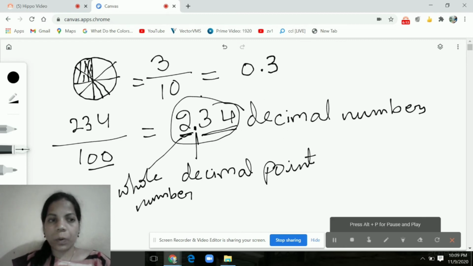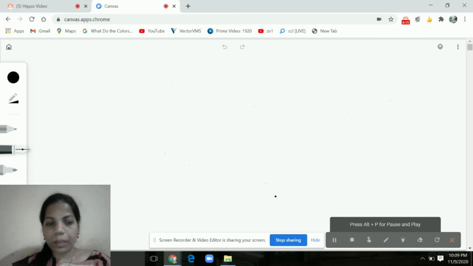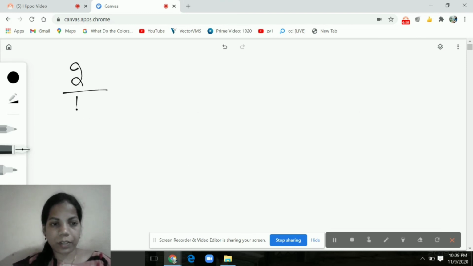Now let us see how we can pronounce these fractions. This fraction is spelled as 2 tenths. T-E-N-T-H-S, tenths. See here.